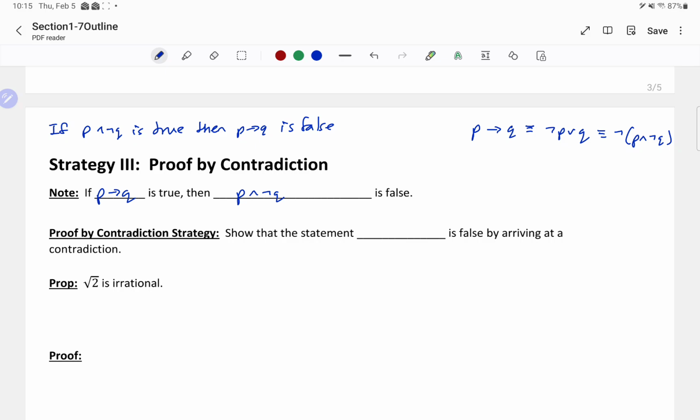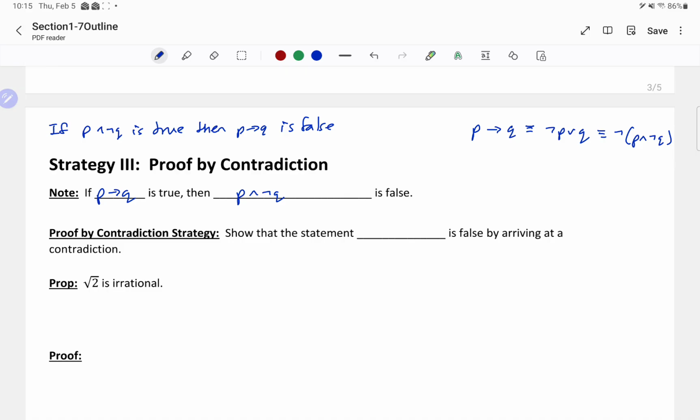If you have a conditional statement and you don't believe it, then you could assume the premise and assume the opposite of the conclusion. If you can show that when you assume both of those are true, that you get something that is true, then you've shown that the conditional statement is false.